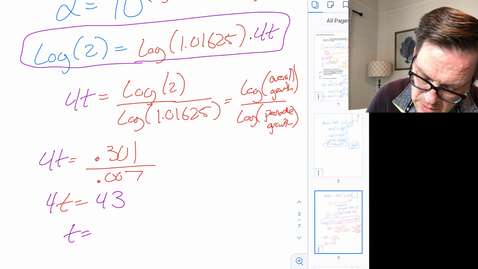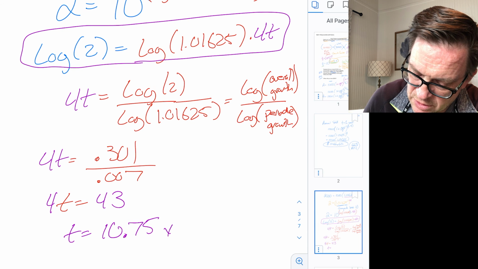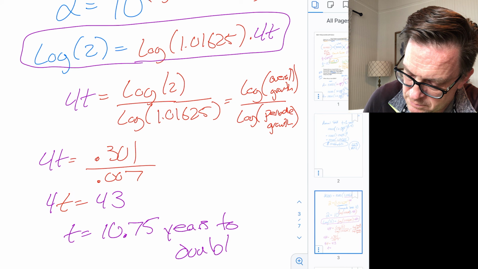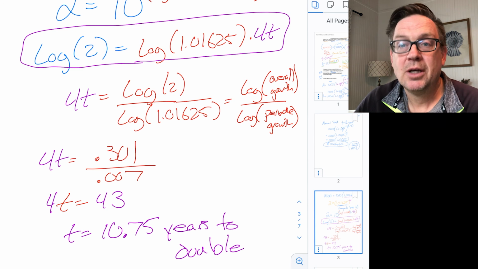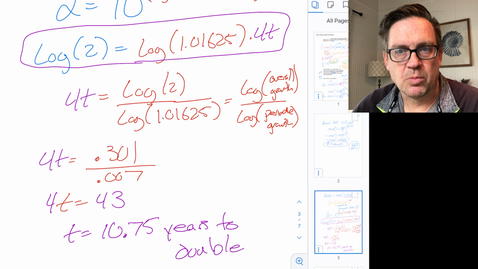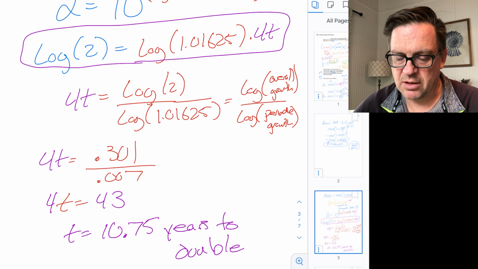So t is about 10.75 years. So we can solve exponential problems using this logarithm form by changing the base to 10. And I hope you can do that a few times and get the feel of it.